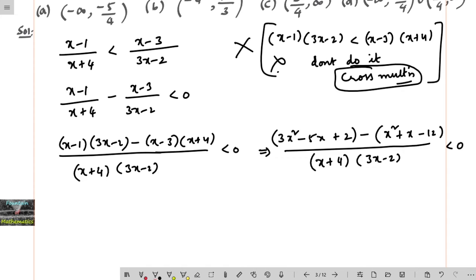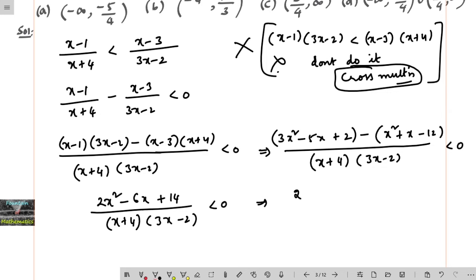After simplification, 3x square minus x square is 2x square, minus 5x minus x is minus 6x, and plus 2 minus of minus 12, that is plus 14, upon x plus 4 into 3x minus 2 is less than 0. In the numerator we can take out 2 common, so we can write x square minus 3x plus 7 upon x plus 4 into 3x minus 2 less than 0.